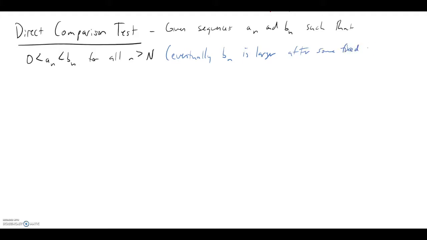So b sub n doesn't always have to be larger, it just has to eventually be larger.